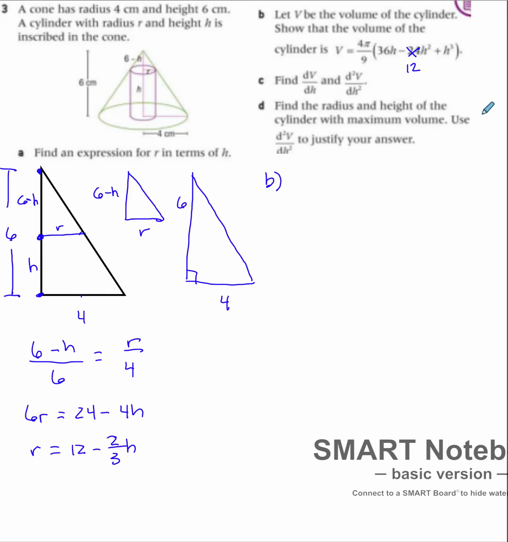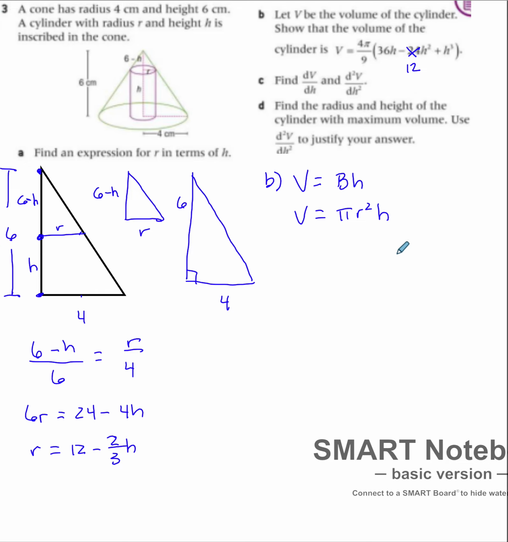I checked and double checked, so I'm confident it's supposed to be 12, so that must have been a typo. We know that the volume of a cylinder is the area of the base times the height. Since the base of a cylinder is a circle, the volume is pi r squared h.